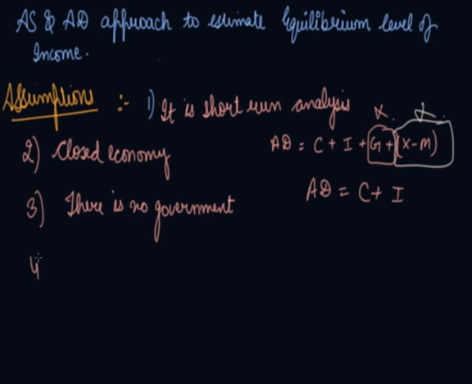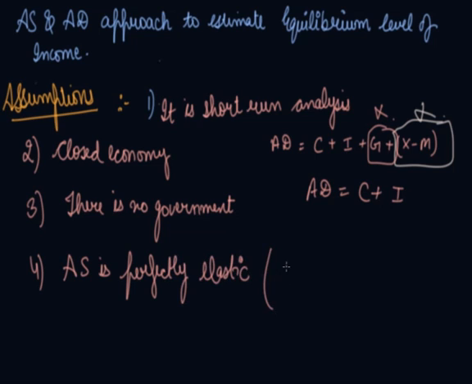The fourth assumption is that aggregate supply is perfectly elastic, which means that if there is any change in aggregate demand, the aggregate supply will adjust itself accordingly.